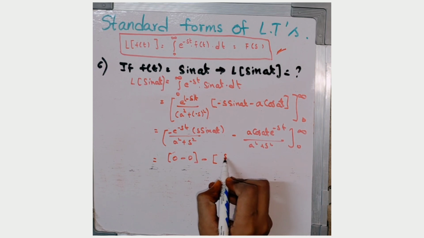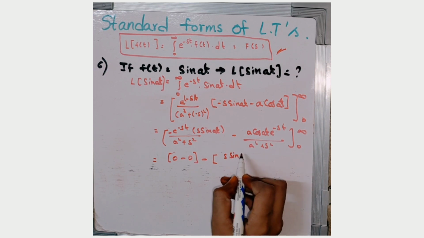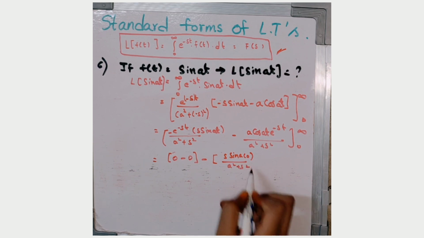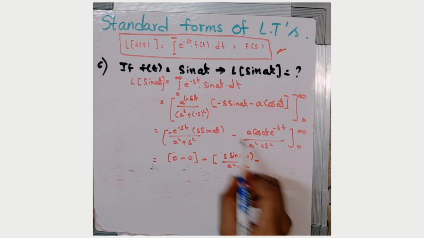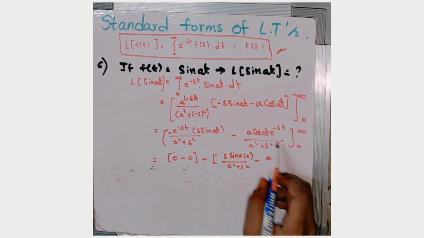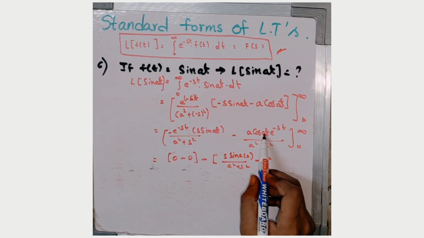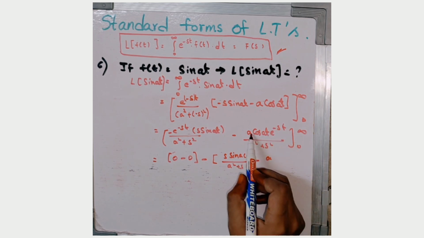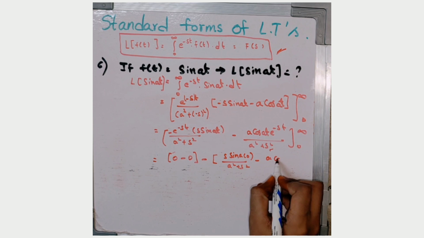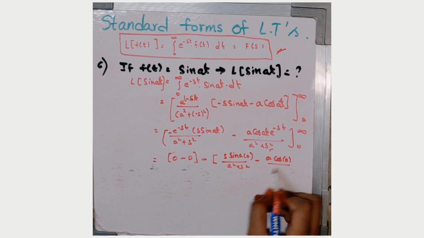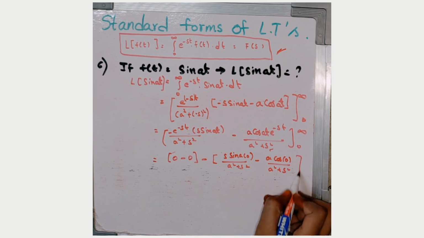Into s into sine a into 0 by a square plus s square minus this minus a into cos a into infinity, and e power, you have to apply the lower limit, a into cos 0 into e power 0 is 1 by a square plus s square.